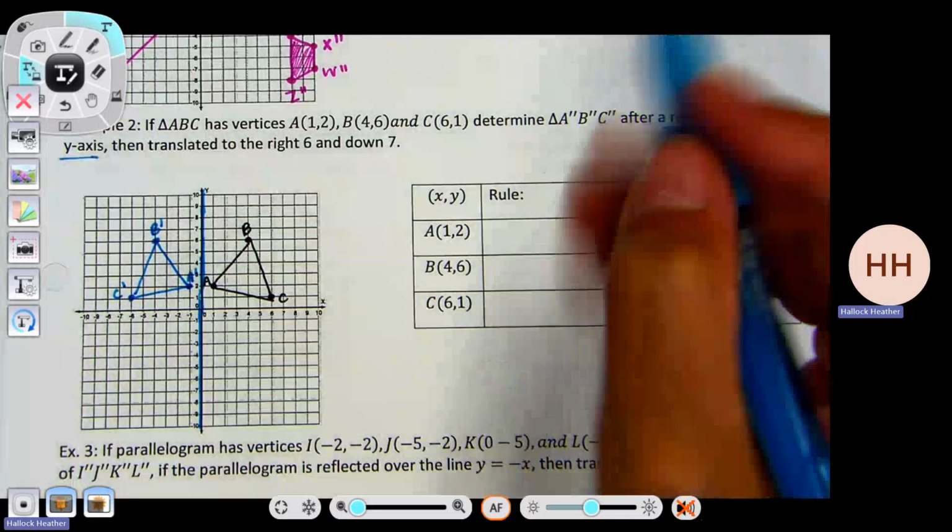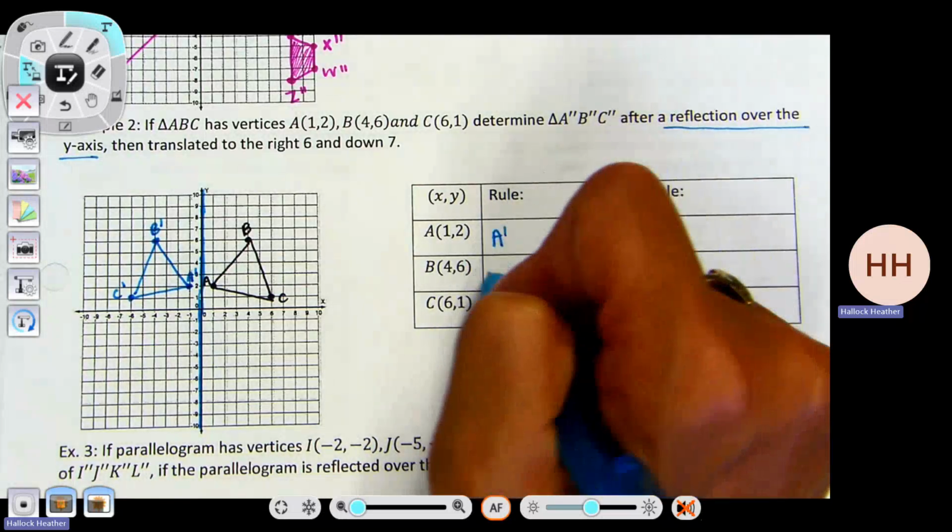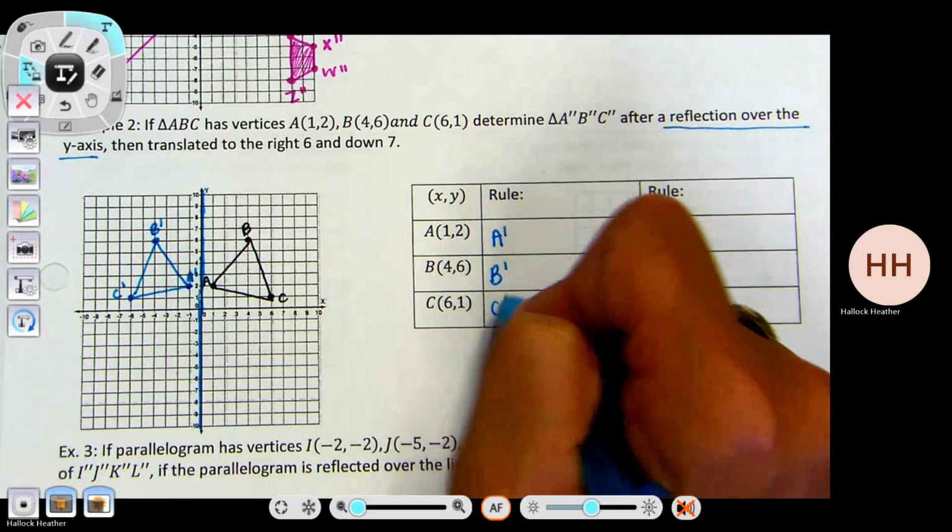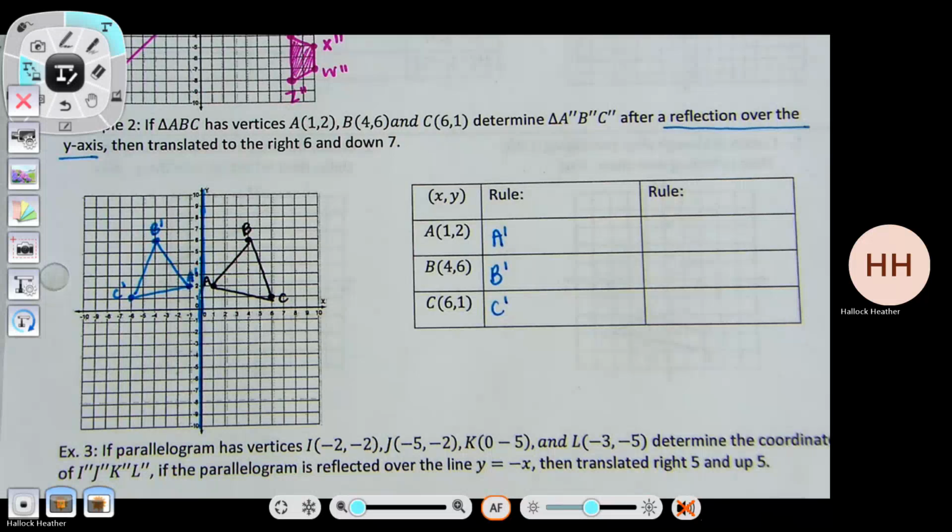So once you make your picture, put your coordinates over here. Yeah. All I did was plot the points.